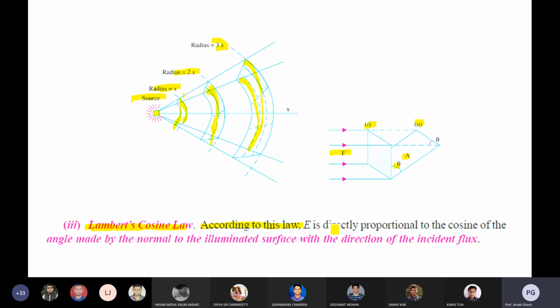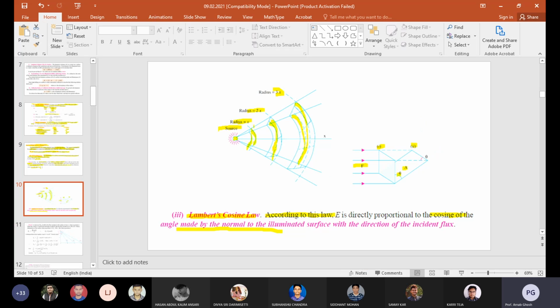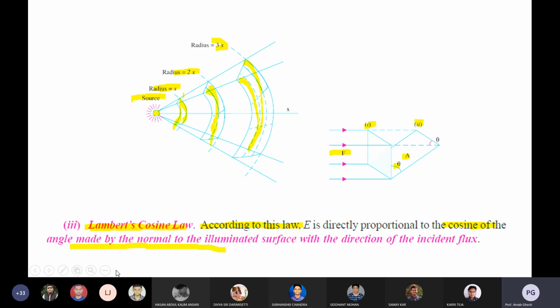According to this law, E is directly proportional to the cosine of the angle made by the normal of the illuminated surface with the direction of the incident flux F. So for an illuminated surface A, with the angle, it becomes A cos theta.